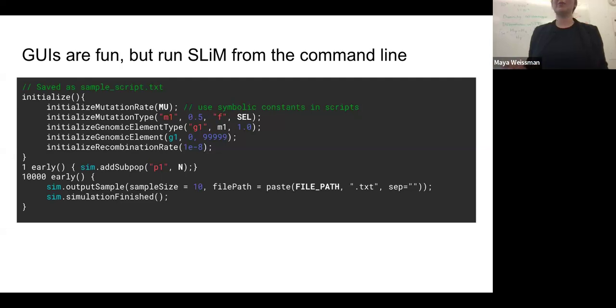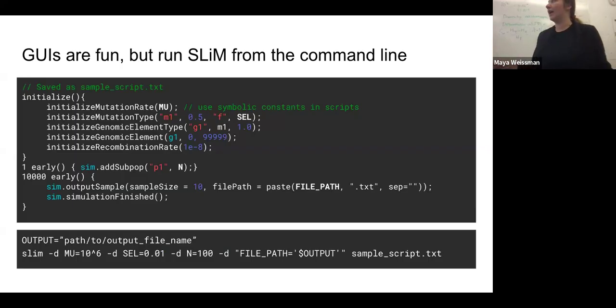When you're running Slim from the command line, you do not actually have to define the values of constants. You can just call those constants in your script. And then when you run Slim from the command line, you just do slim -d to declare a constant value, and then mu equals whatever value I want it to be. So I'm never defining mu in this script, but I'm doing it from the command line. Bam, you're done.